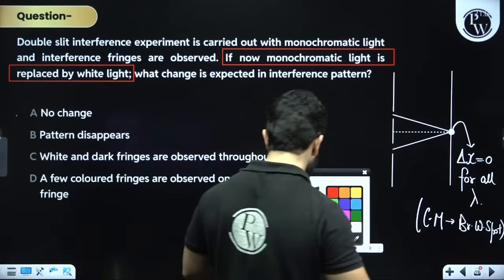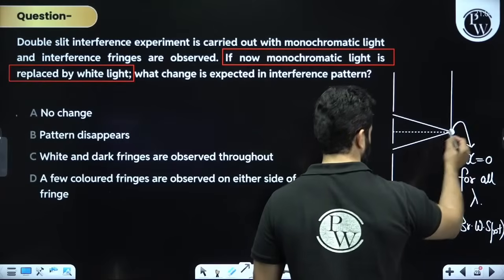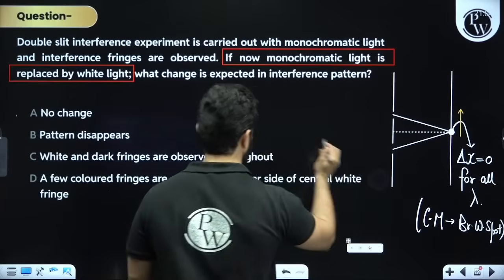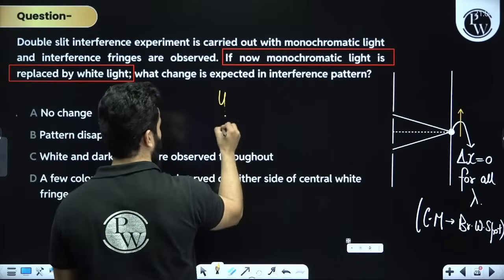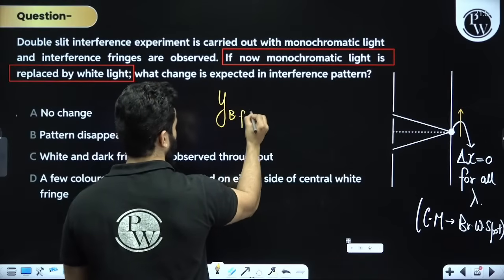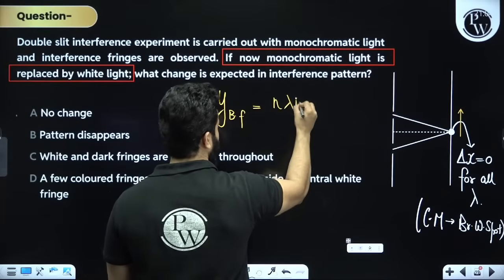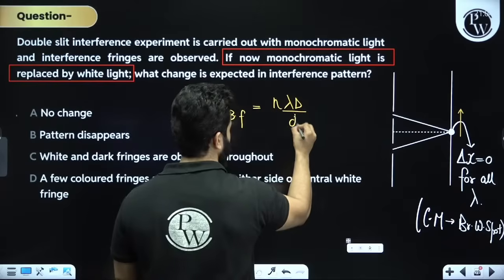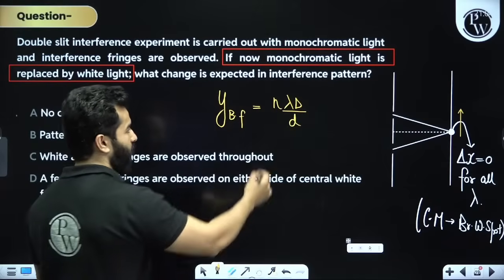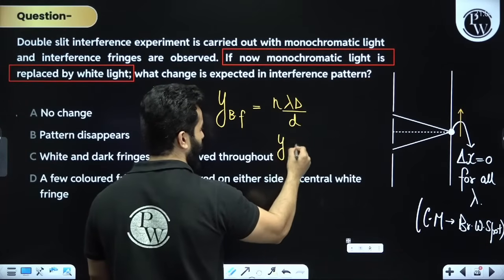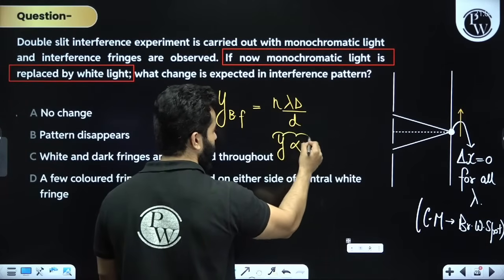Now as you move in this direction, y for bright fringe we write as n lambda capital D divided by small d. Let's talk about the first bright fringe. This means y depends directly on lambda.